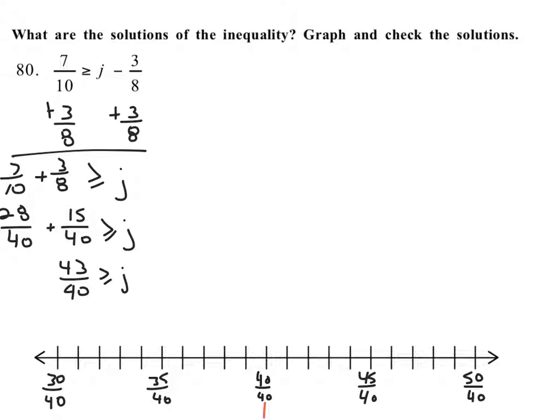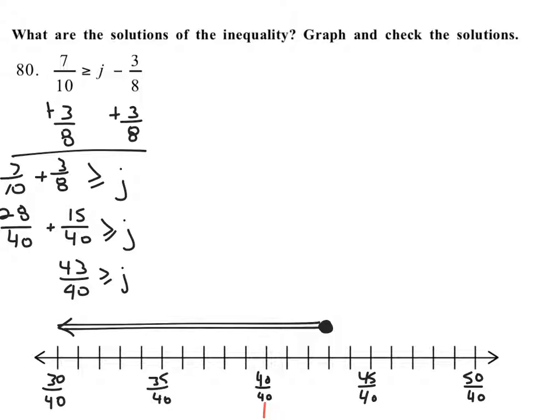That's 1, right? 43/40 is right here. Can we fill it in? Yes, it says or equals. And are J values greater than that or less than that? J is on the small side of the inequality. J is less than that. We're talking about all values less than that, just like that.